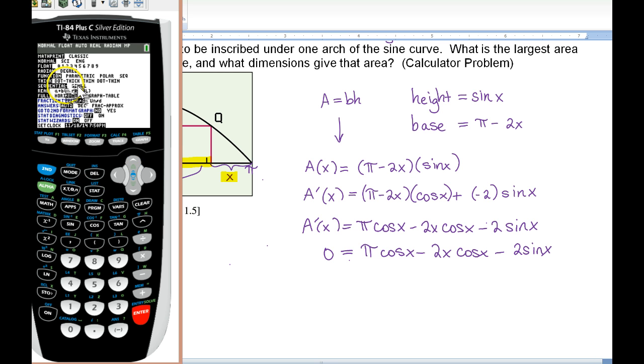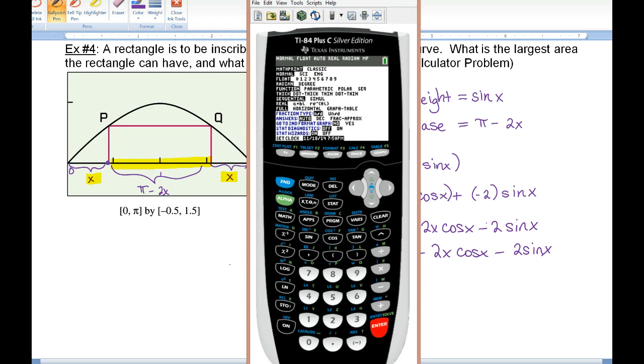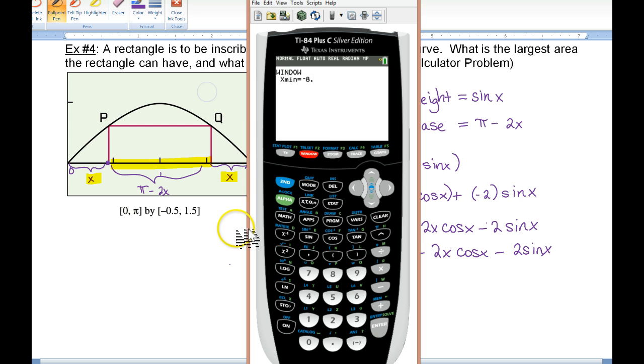And then I'm actually going to make the window match what I can see right here. So the window is going to be from 0 to pi. Y min, actually they have negative 0.5. X scale I want to be 1. So negative 0.5, and then Y max is going to be 1.5.